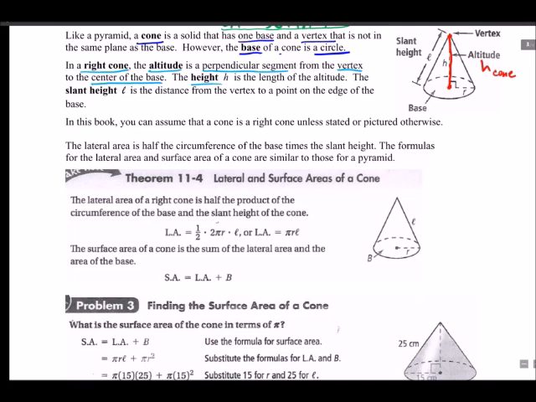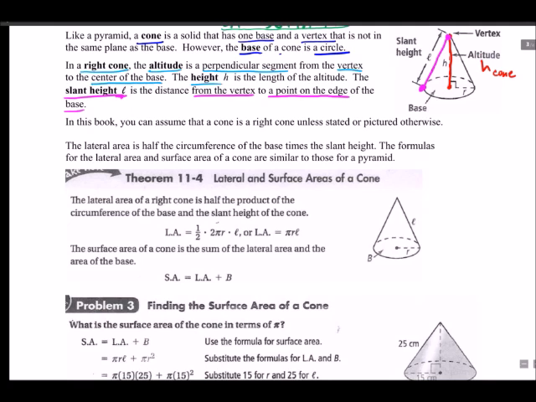That's the height. The slant height, still cursive L, is the distance from the vertex to a point on the edge of the base. Because we have no sides on our base, we're just going to somewhere on the edge of the base. So it's still just the slant height.